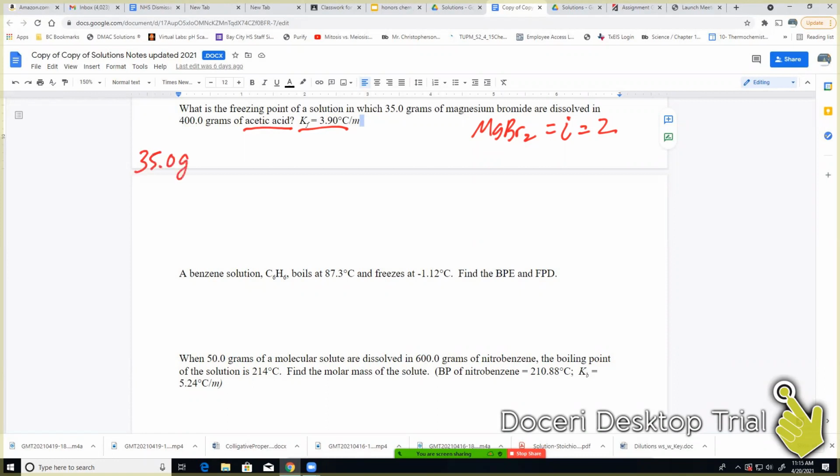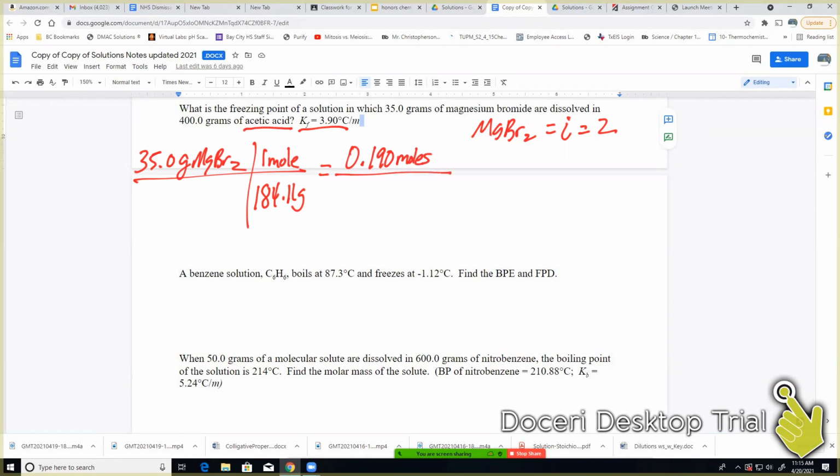So I have 35 grams of magnesium bromide, 184.11 grams per 1 mole. That gives me 0.190 moles of my magnesium bromide. So that's moles of solute.